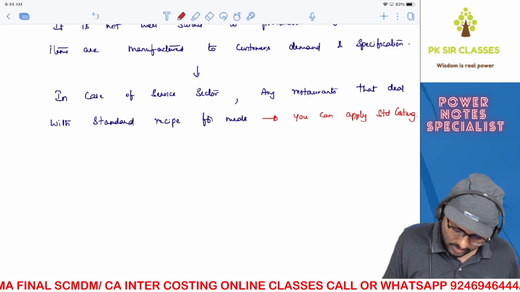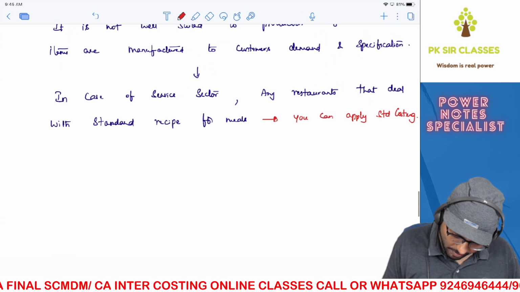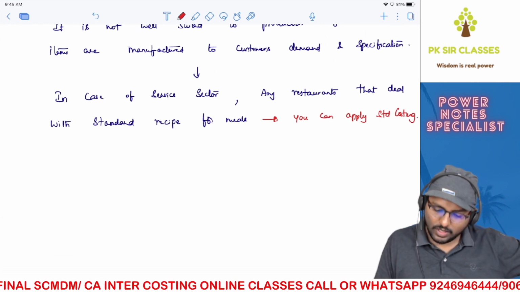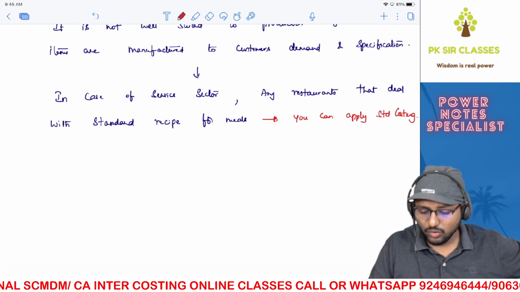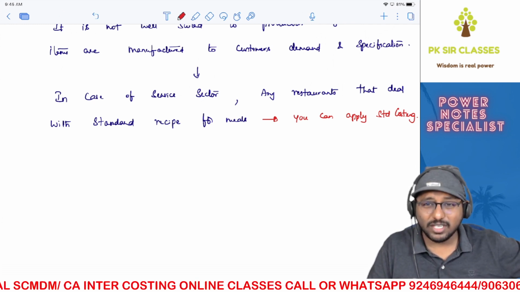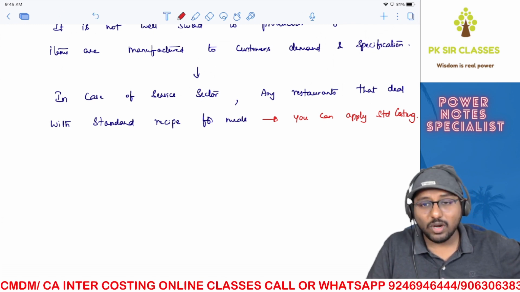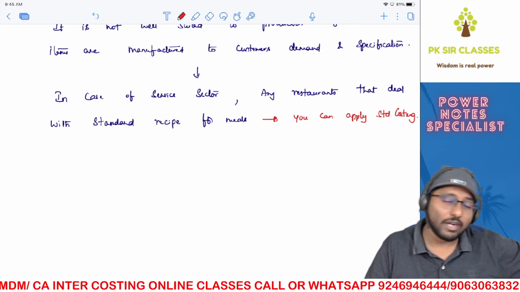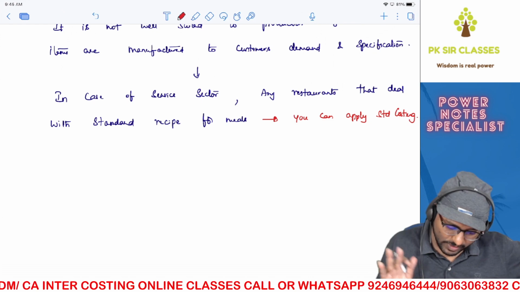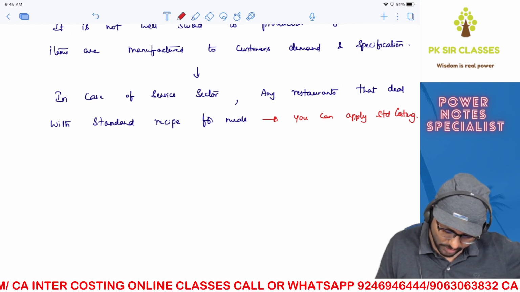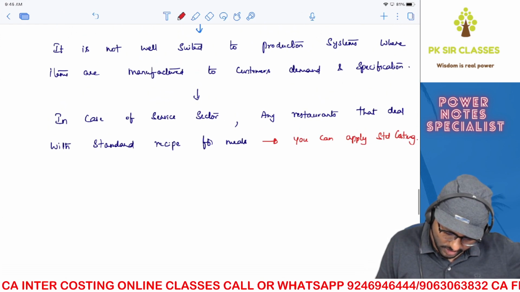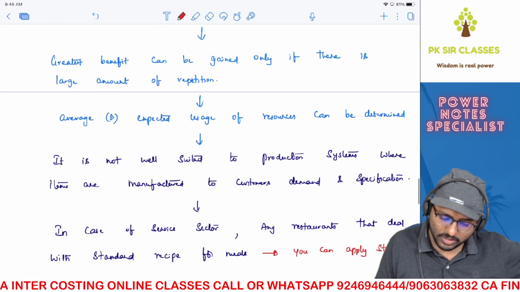You cannot calculate the same way you do it for a manufacturing sector, but still the principles are the same. But for most of the service sector, if you are customizing the kind of work, the kind of service that you are doing, then obviously we cannot apply standard costing. That's the point. You got it? I hope this is clear.